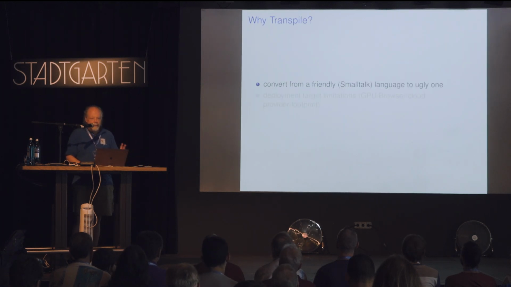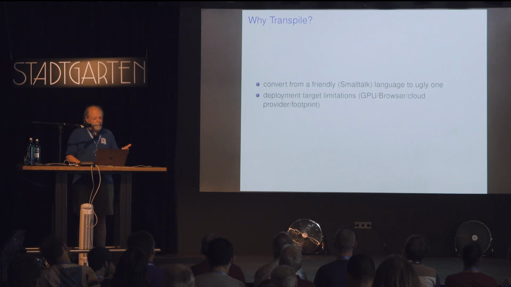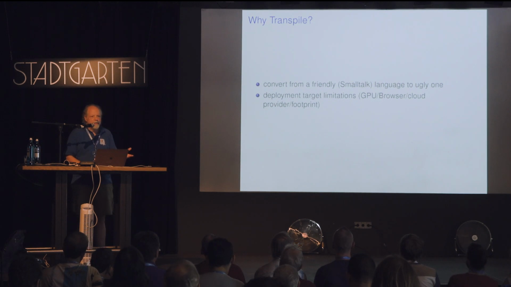So I'm going to talk mostly about transpilation. Why would we want to transpile? Well, because we have this friendly development environment language, and we want to use it in some context that only supports ugly ones. So basically the deployment target, whatever it is, has some kind of limitations.